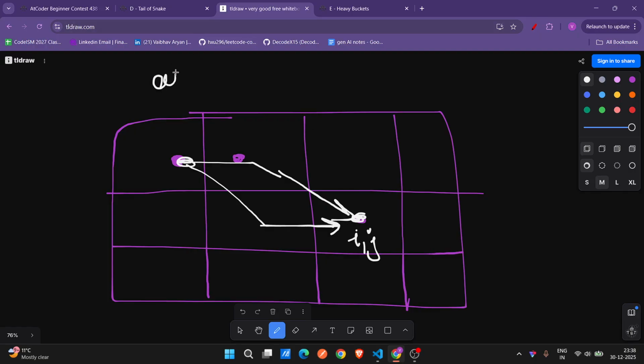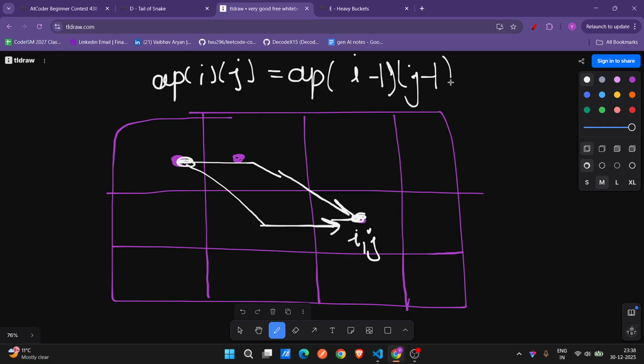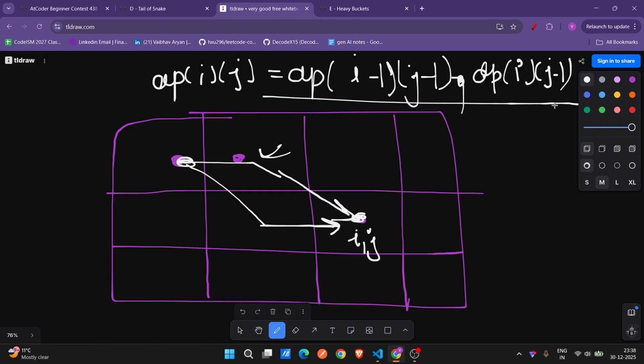So dp of i comma j is equal to dp of i minus 1 comma j minus 1, either we can take this one, or else we can take dp of i comma j minus 1. That's all. You just have to take the maximum of both in each case plus vec of i comma j, whatever the cell value is.